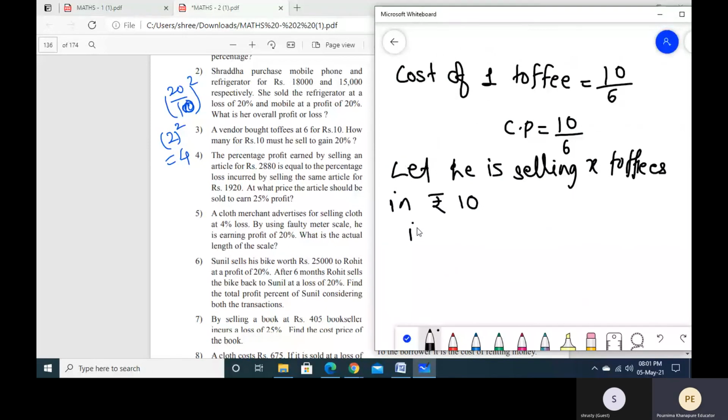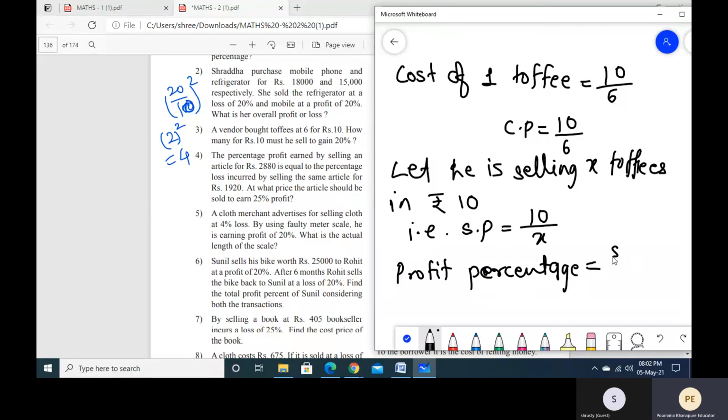Now getting it, that is what he means: the selling price of these toffees would be what? 10 upon X, right? The same way, here the cost price was 10 upon 6. Now the selling price is 10 upon X. But how many toffees he is selling, we don't know. Whether he is selling all the 6, or whether he is selling only 4 to get the profit, that is what we need to find. Getting it? Yes. Now profit percentage is given.